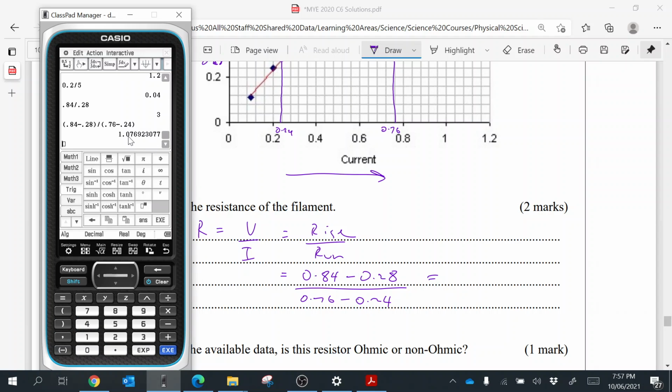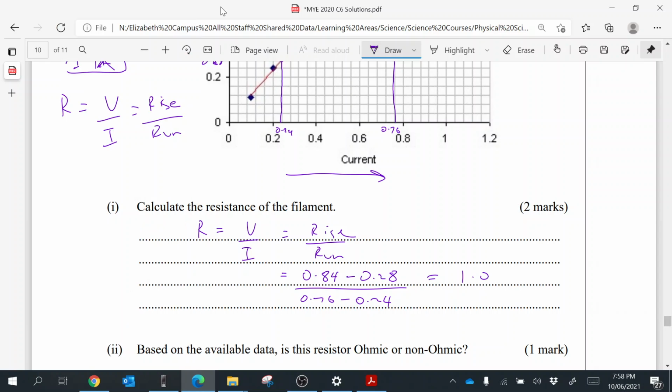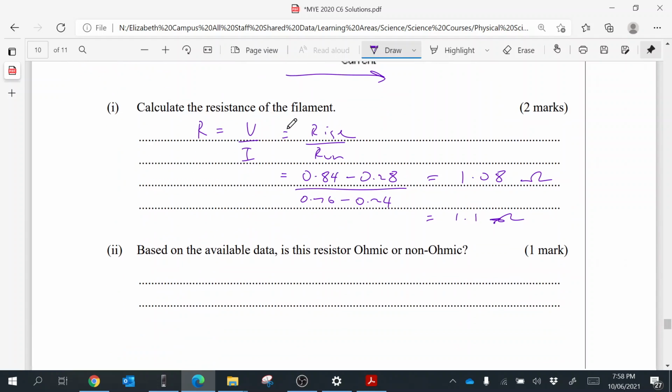So it's 1.07, or 1.08. Okay, 1.08 ohms. If you got something like 1.1 roughly, that's probably going to be close enough. If you got anywhere around there, that's pretty good.